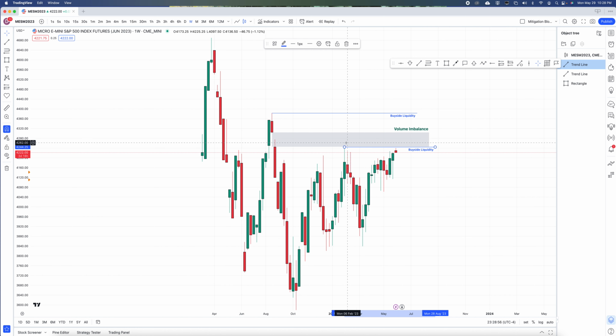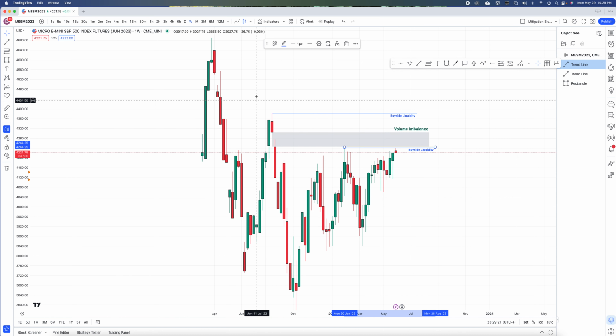I can't speak on volume imbalances being filled in, but I think that's what he's getting at. I don't use it like that, but if he says it, then it's true. Other than that, I don't think anything of it. I just think it's offering volume in that imbalanced area where there was no volume on this contract.